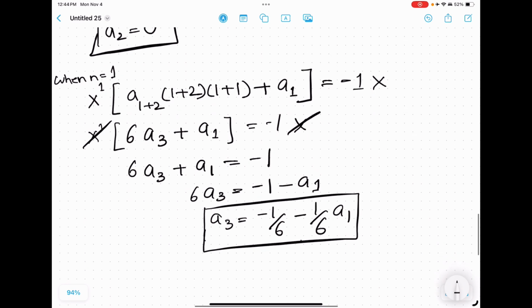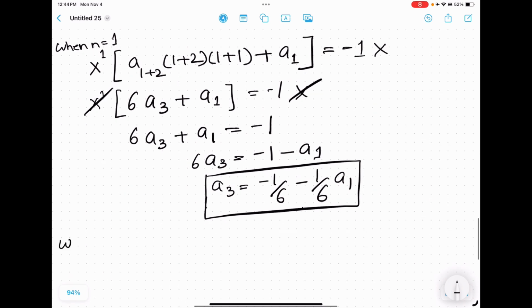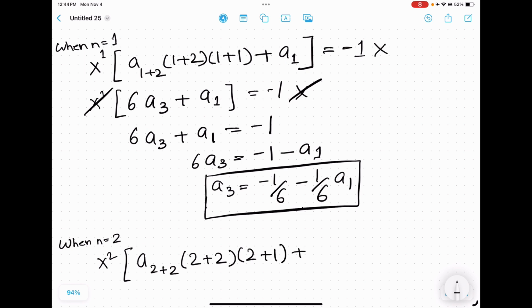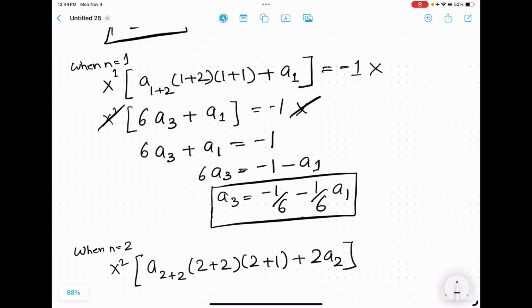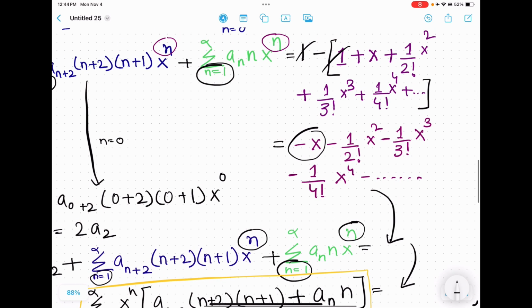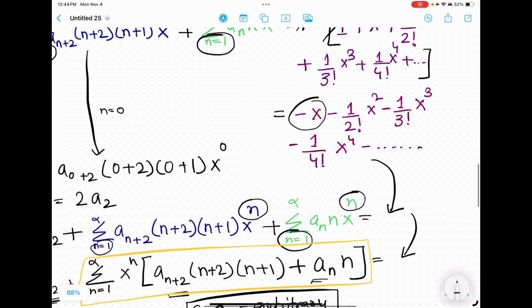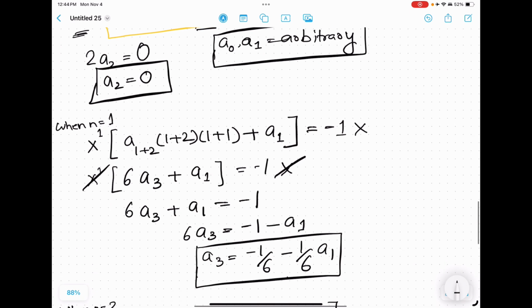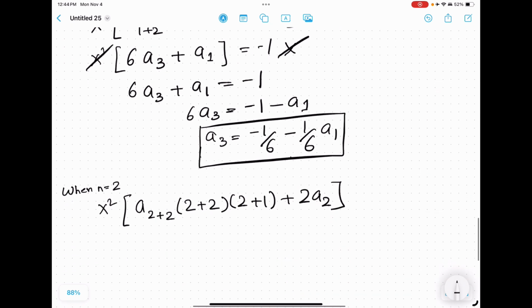Now, when n is equal to 2, I have x squared, a sub 2 plus 2 times 2 plus 2 times 2 plus 1, plus 2a sub 2. If I look at what I've got at my right for x squared, I have negative 1 by 2 factorial, which is negative 1 by 2 because 2 factorial is just 2.